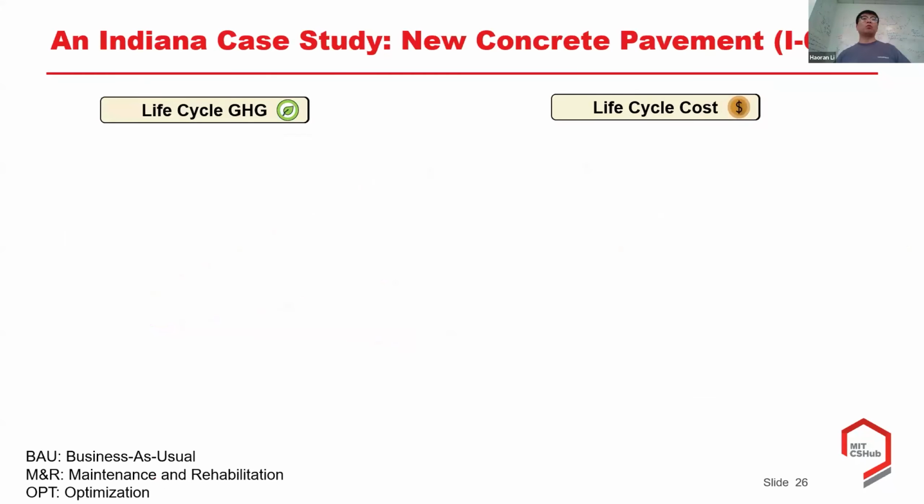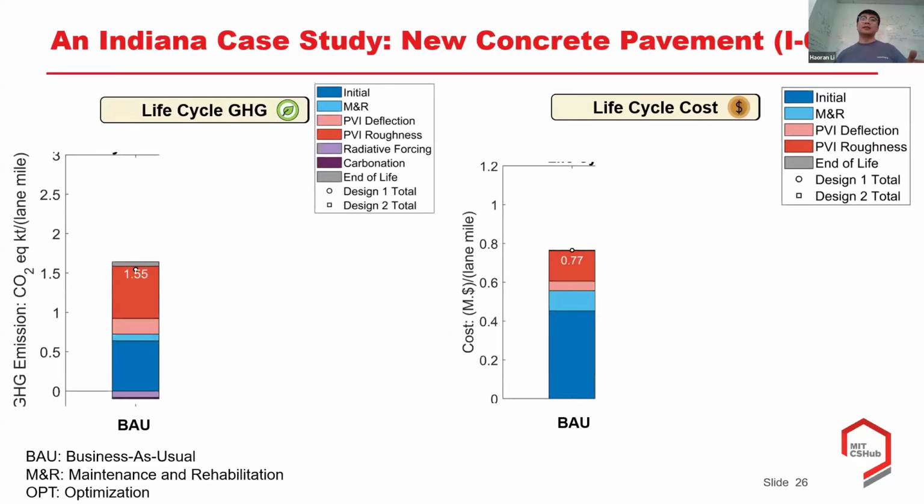So the last one will be the Indiana case study. Yes, we also partnered with Indiana for them to understand what the optimized solutions would be for their newly constructed concrete pavement. For example, when we're analyzing their new construction pavement for I-65, we can already define their BAU CO2, which is 1.55 kiloton of CO2 per lane mile, around $0.77 million per lane mile.